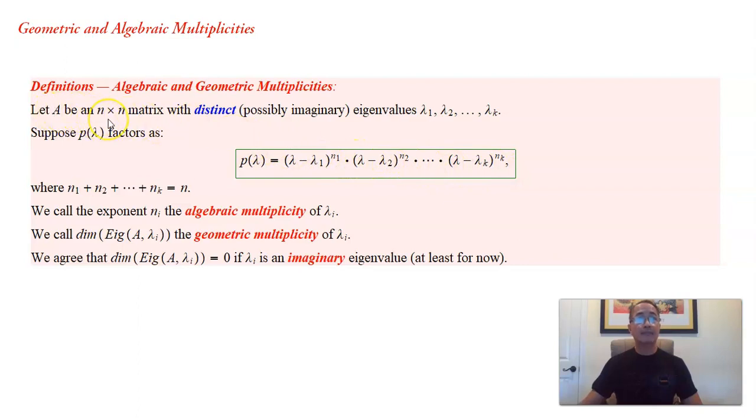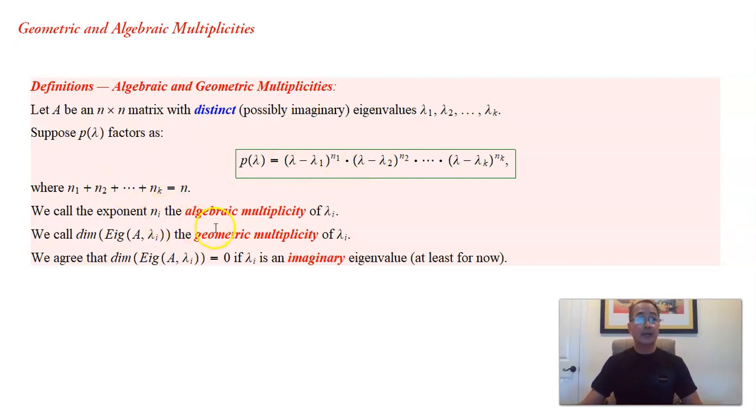We know that A is an n by n matrix. So the highest term in P of lambda has to be lambda to the n. So the sum of these powers must be equal to n.